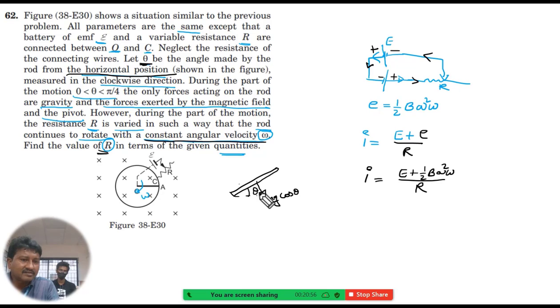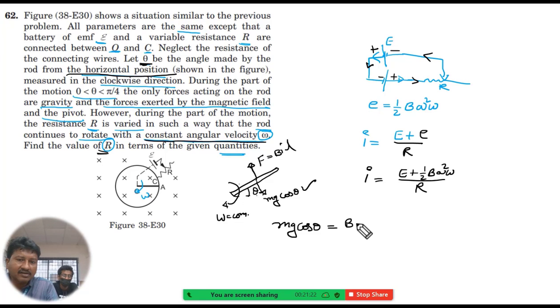We do not require that. Then the rod experiences a force due to current flow, BIL. Because it has to rotate with constant angular velocity, the net force is balanced. That means mg cos theta must be equal to BIL.